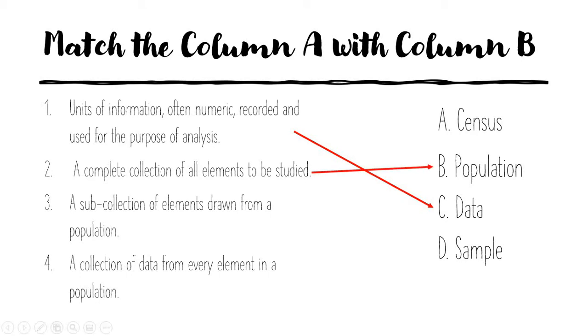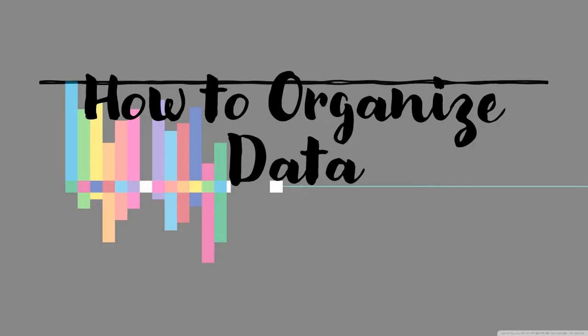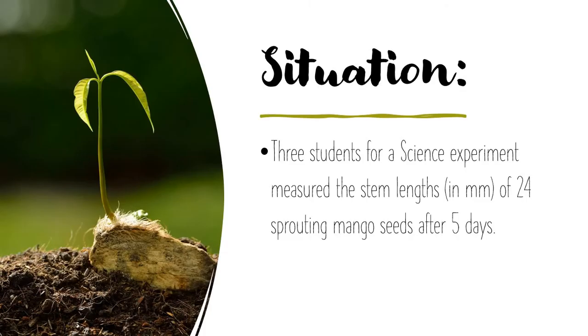And then the third one, a subcollection of elements drawn from a population. That is sample. And last but not the least, a collection of data from every element in a population. That is census. Now, we can proceed to our main discussion, how to organize data.